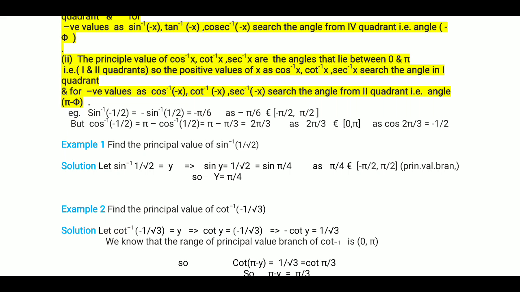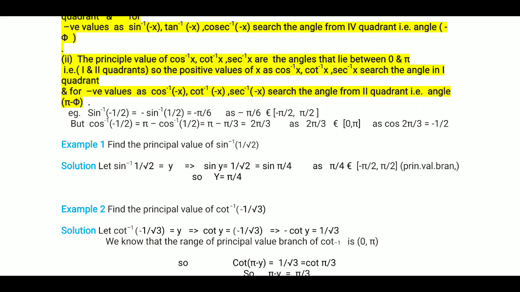Example, sine inverse minus half is equal to minus sine inverse half, which is equal to minus pi/6, as minus pi/6 belongs to minus pi/2 to pi/2. So its principal value is minus pi/6.